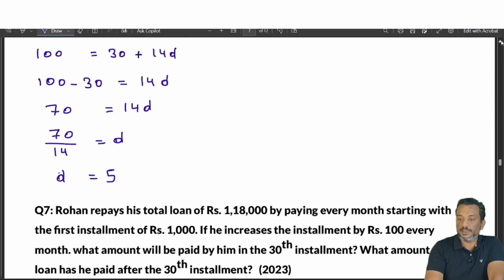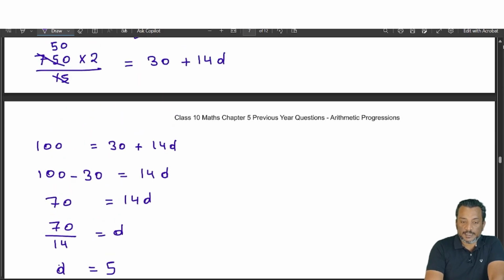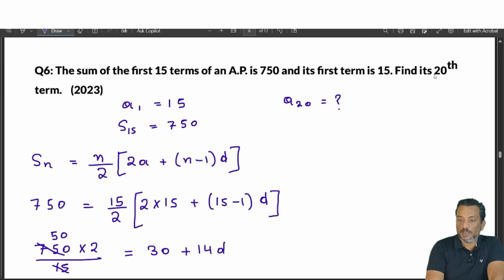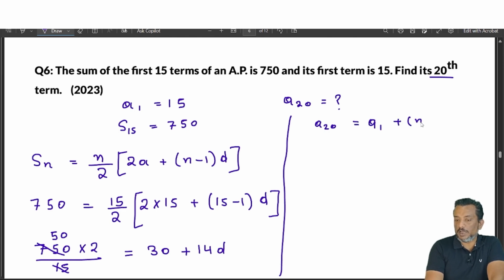Hope you are getting it clearly. Now it is saying you have to find our 20th term. So the 20th term is equal to a1 plus n minus 1 times d. Now you have got a1 is 15, so 15 plus 20 minus 1, and d is equal to 5.